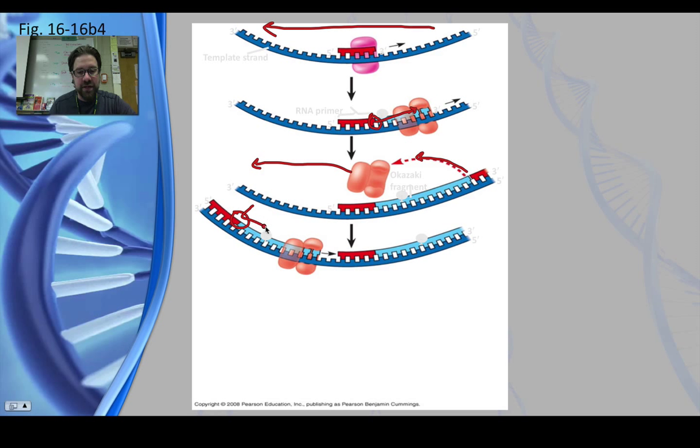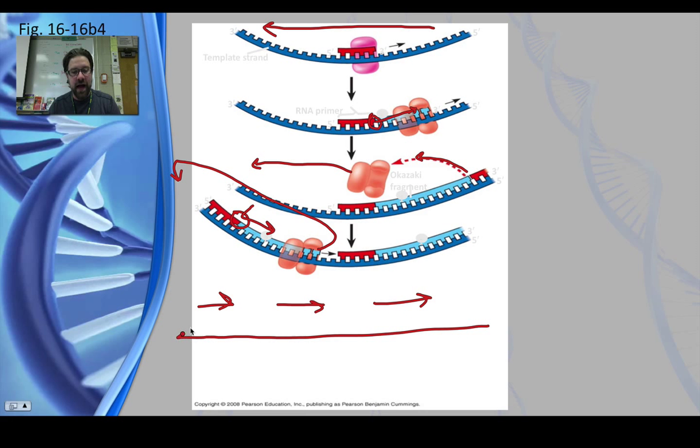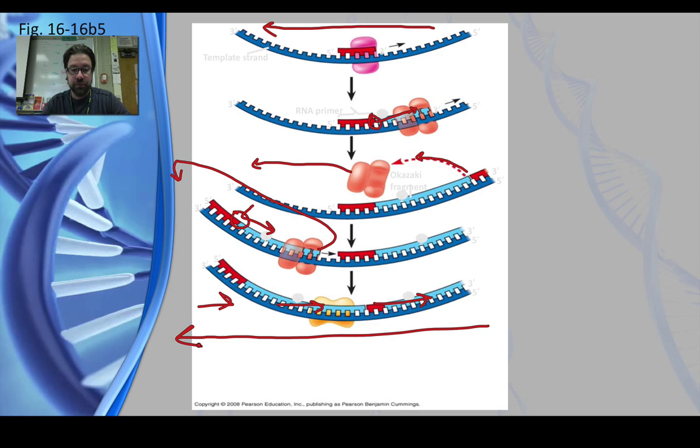It's going to attach, and then it's going to copy to the right. So it will keep going to the right until it hits this one, and then it will dislodge again and go even further upstream. So although it's going in this type of motion in pieces, overall, the directionality of the copying is to the left. And that's what we call discontinuous copying, or copying on the lagging strand.